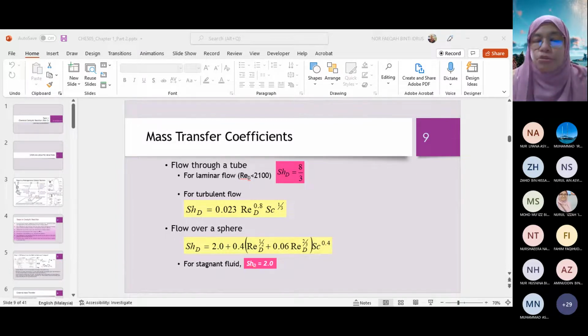And then you should be able to describe the rate limiting step, and finally able to describe Langmuir-Hinshelwood kinetic mechanism.